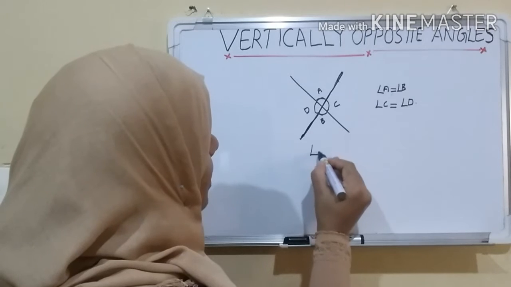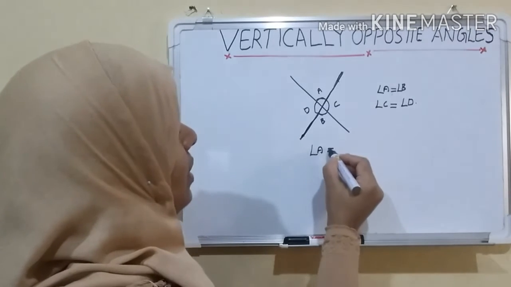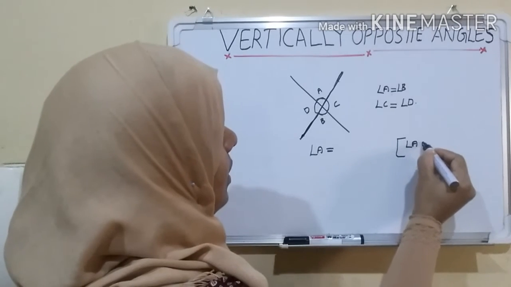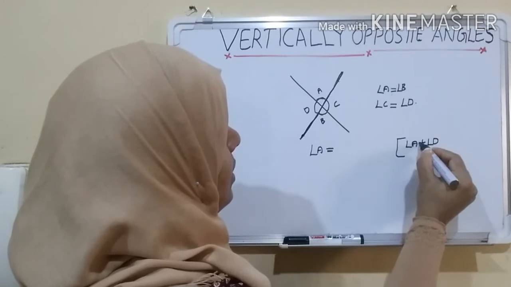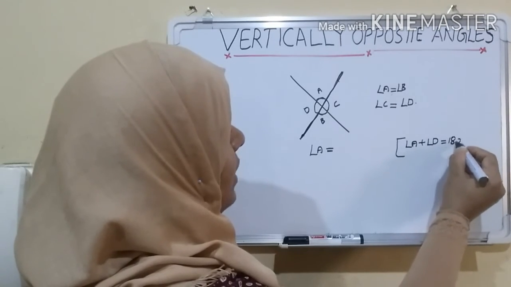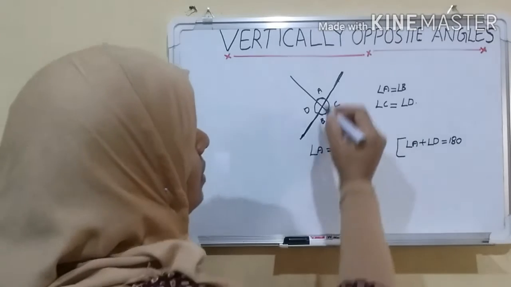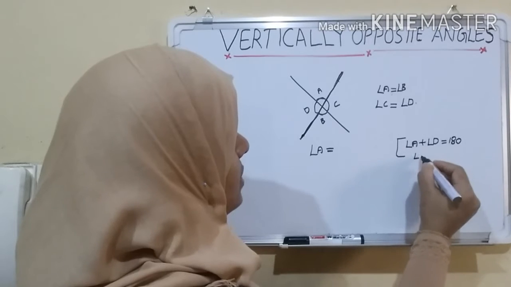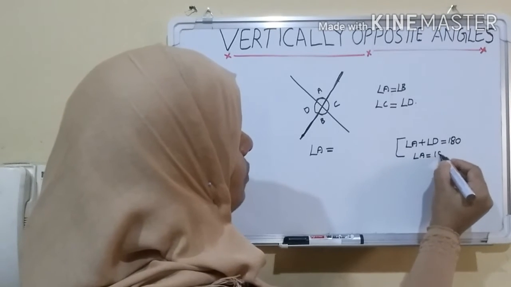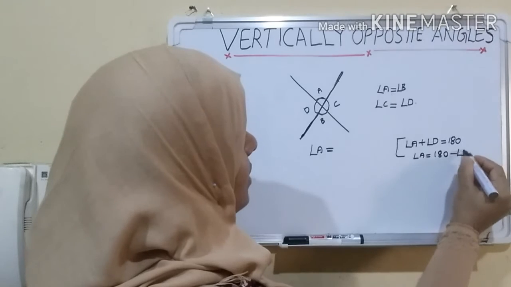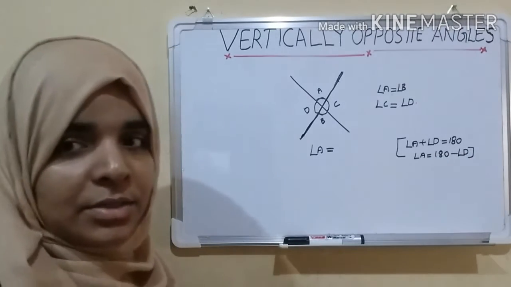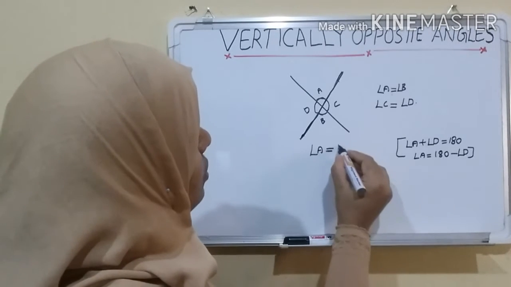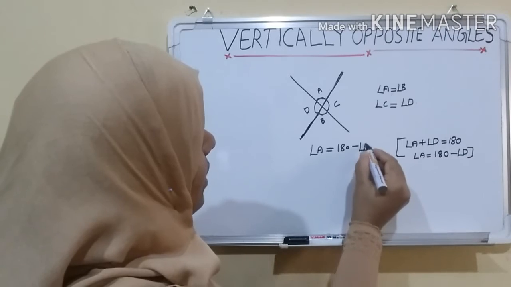So we know that angle A plus angle D equal to 180, because these two angles are linear pair. So here from this equation we will get angle A equal to 180 minus angle D. Understood?